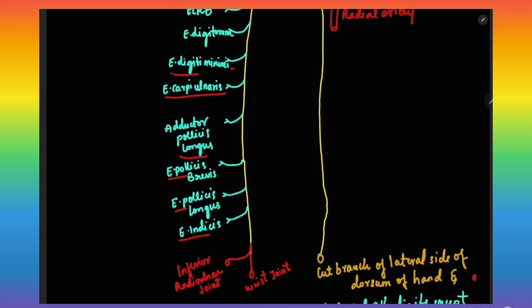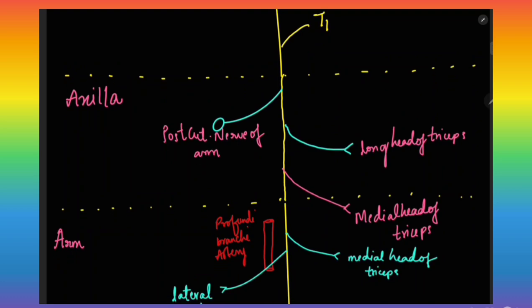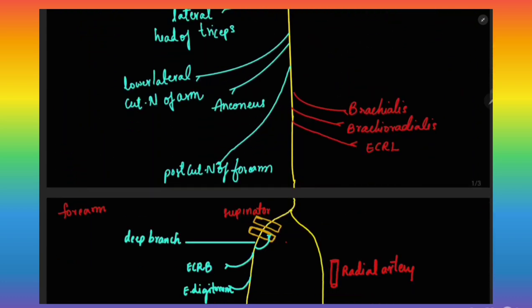Now let us discuss some clinical correlations of radial nerve, which is the most important part. Radial nerve might get injured in three regions: in the region of axilla, in the region of spiral groove, and at the elbow.